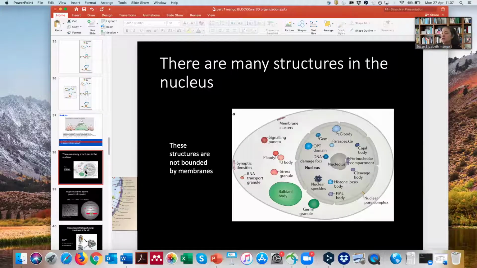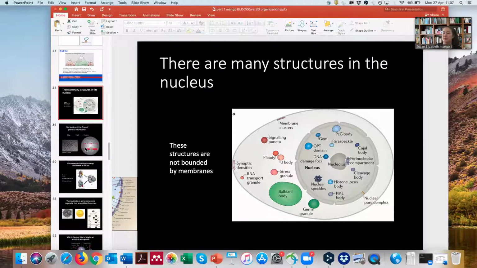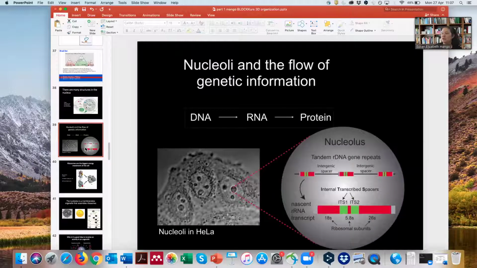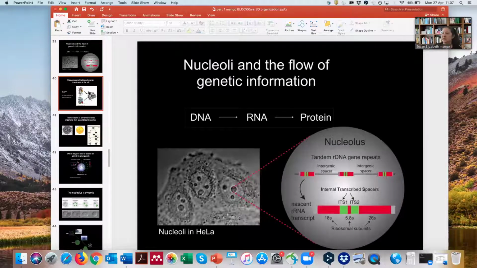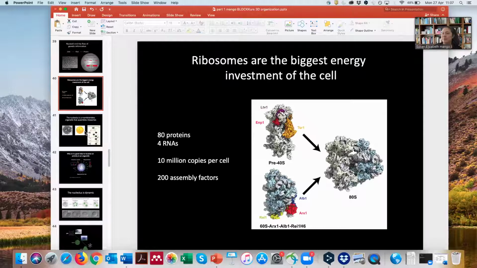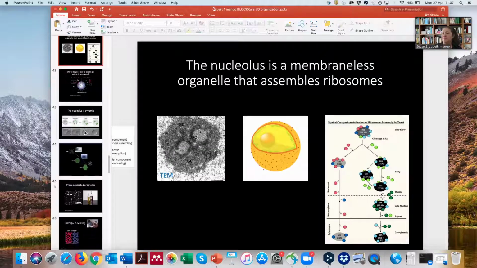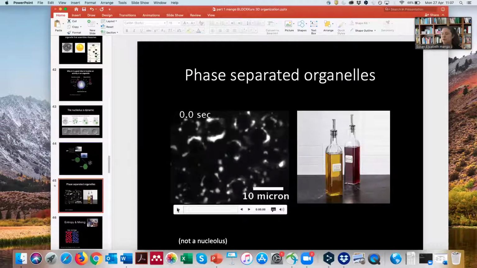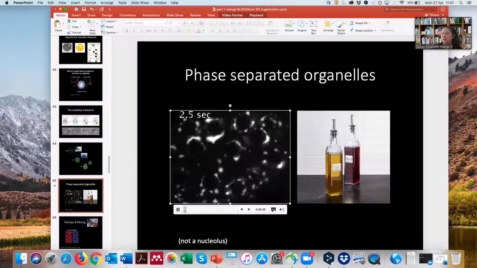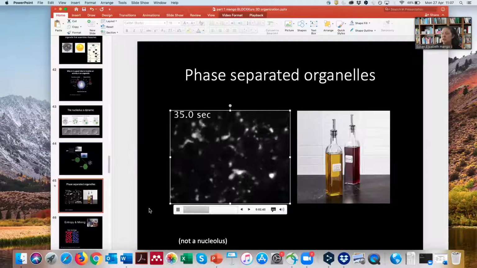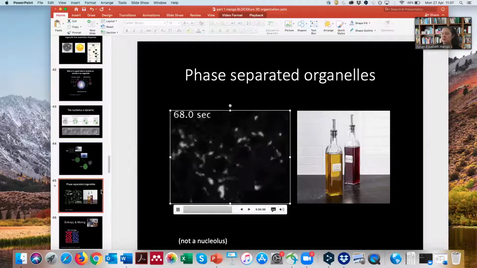And then we spent time looking at these organelles and structures that do not have membranes surrounding them. So we focused on the nucleolus, which is the site where ribosomes are made, as shown here. And I'm going to skip ahead. We looked at this movie of what one of these organelles can look like, where it really looks like a liquid.